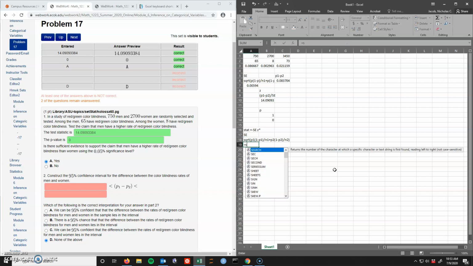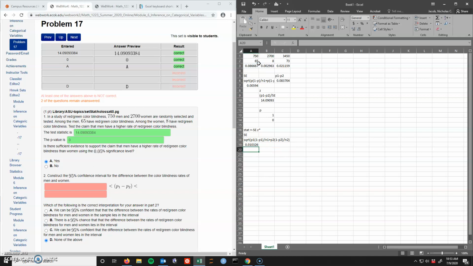So let's do this real fast then. Square root of this one times 1 minus that one divided by that one, plus, sorry about the phone, guys, this one times 1 minus this one, all divided by that guy.